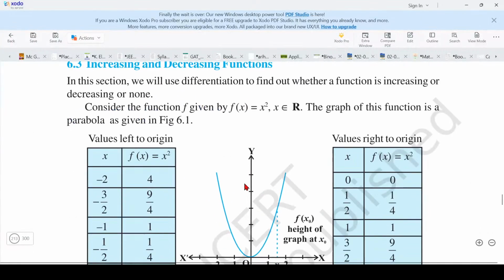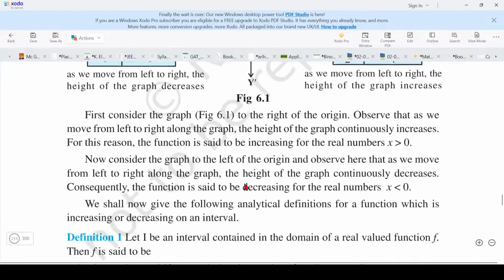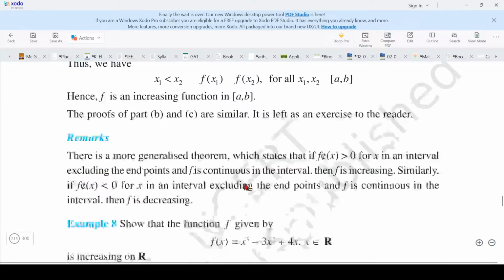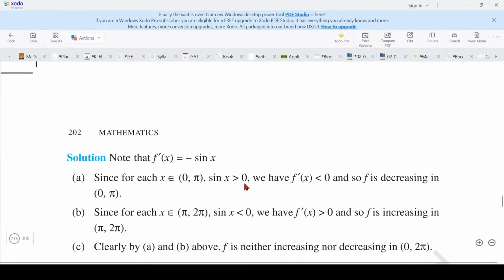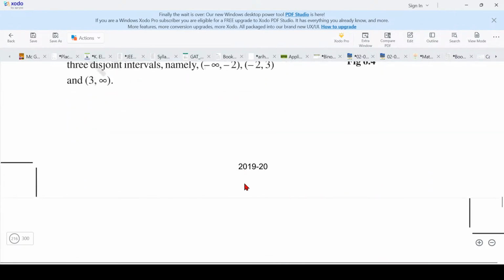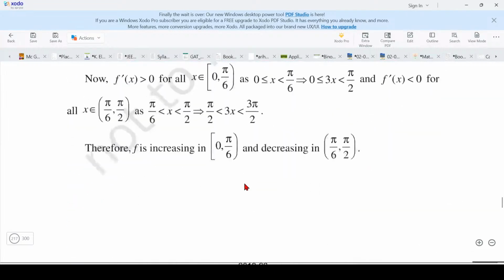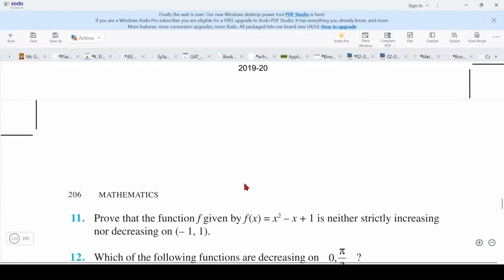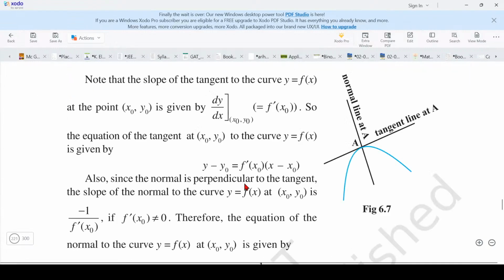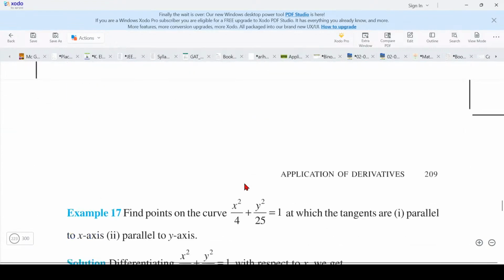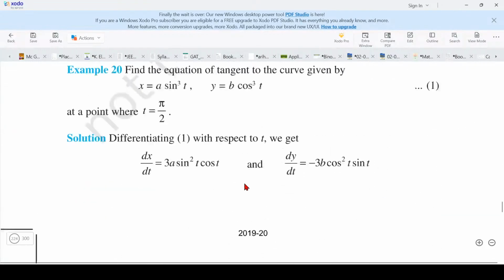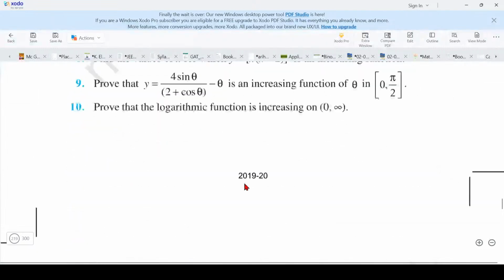This is in school, it did not start yet, no? No, sir, we didn't start application of derivatives. Okay. So: increasing functions, decreasing functions, tangents and normals. Okay, cool. Let us discuss a bit about this.